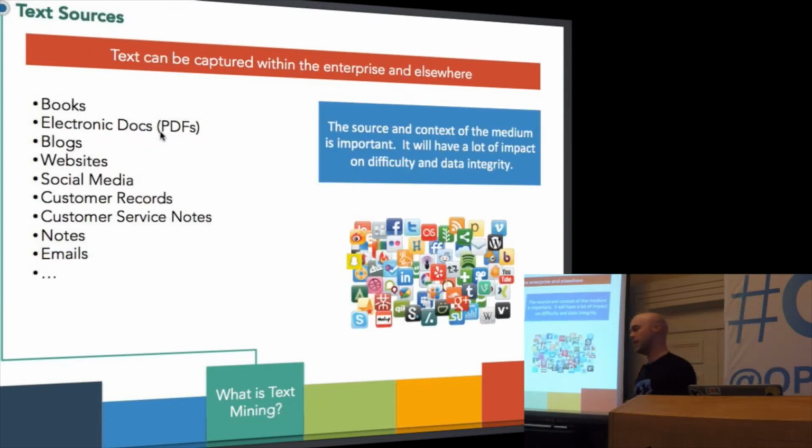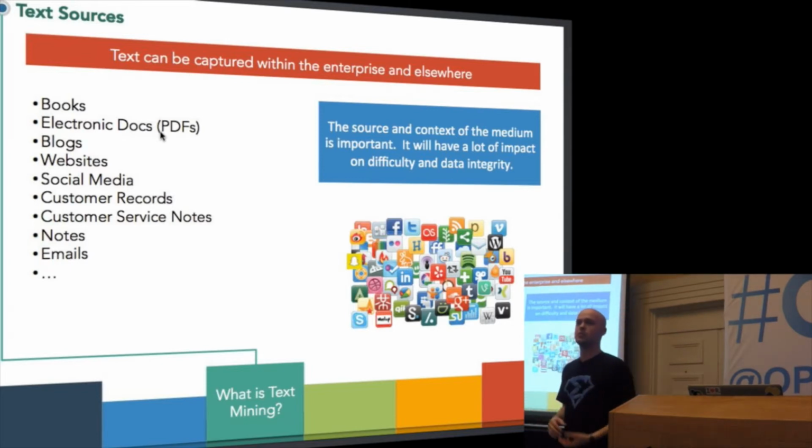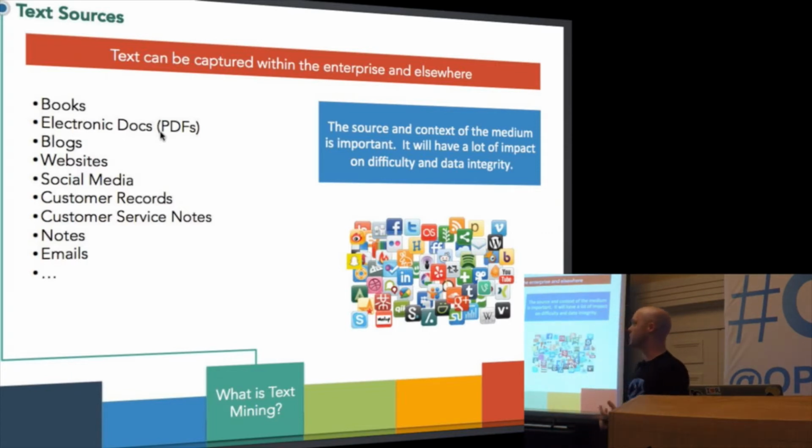And I will say that text itself can be very overwhelming. When you talk about big data, people are creating quite a lot of textual data, and it comes from a lot of different places, right? So we have books, PDFs, blogs, websites, whatever. The context and the channel in which you collect it is very important to understand. Twitter has a completely different lexicon than, say, even Facebook, right?